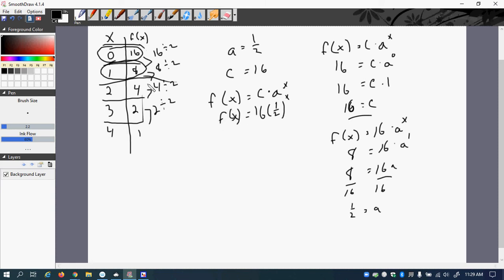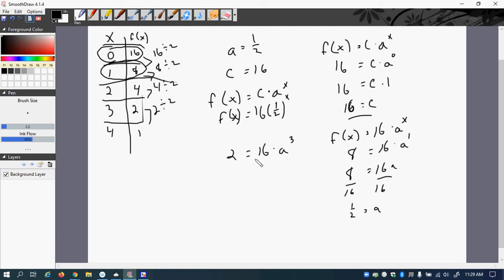So if you can't see it in the table, you can just pick 2 points. And I would pick the 2 points that are 0 and 1 if possible, if that's what they give you, because that just makes it easier. We could do a different one if we wanted to. For example, I definitely want to get 0, 16, but I could have picked the 3 comma 2. So that would have been 2 equal to 16 a to the third.